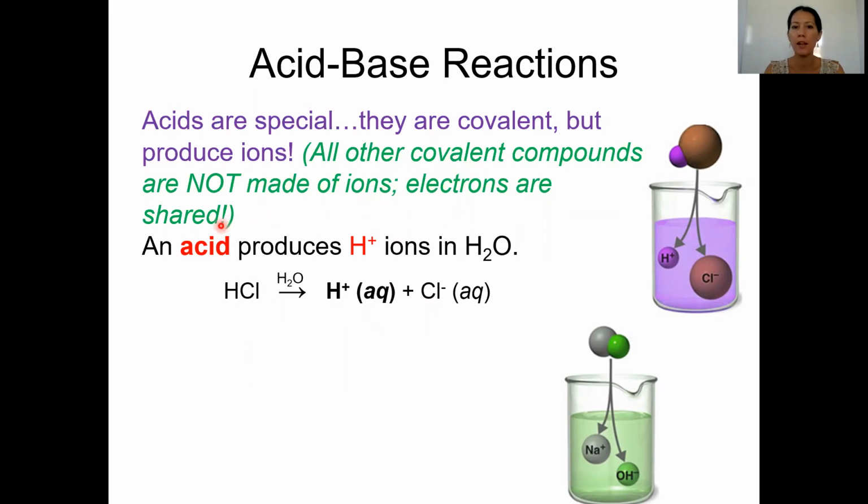Electrons are shared, and when you dissolve them in water, they stay intact. This actually generates an H+, which we call a proton, because a hydrogen atom that lost an electron only has a proton. And you get the other anion out of that, Cl-. So you can see here, HCl, that'll give you H+ and Cl-.